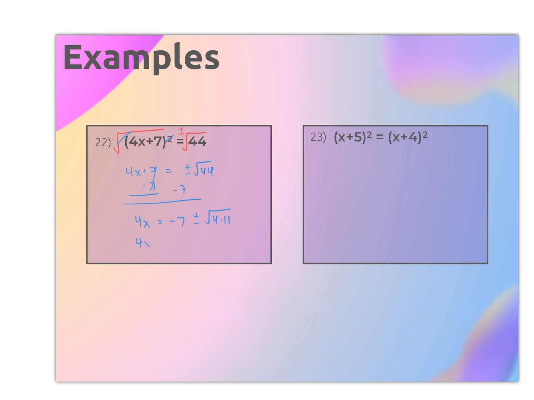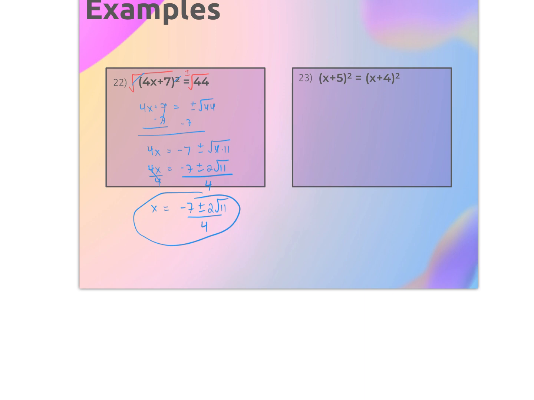Now here, again, it's going to be 4x equals minus 7 plus or minus 2 radical 11, and then I can divide everything by 4. So x equals minus 7 plus or minus 2 radical 11 over 4. And this is a good final answer.